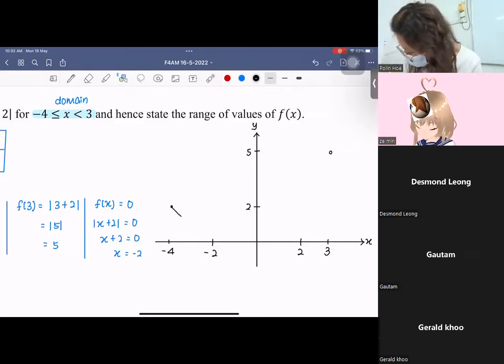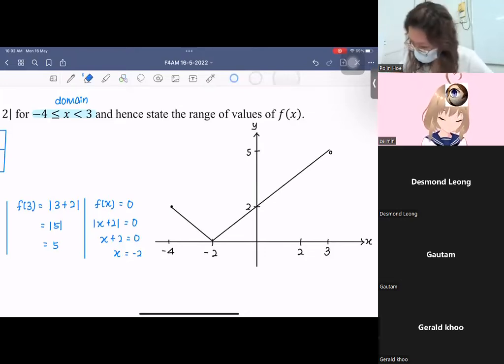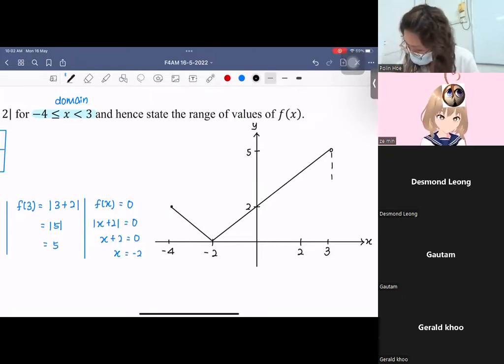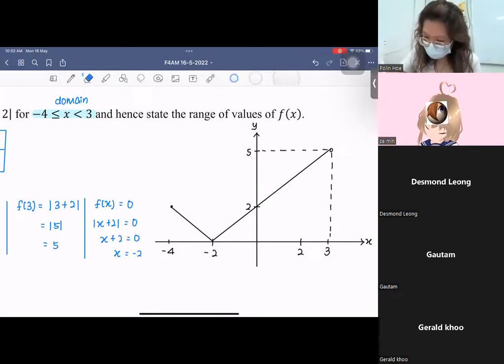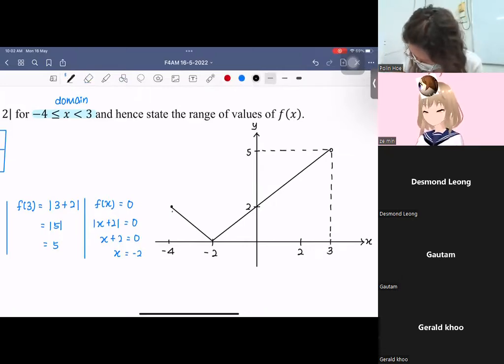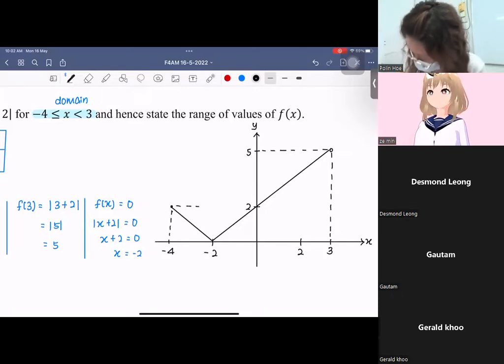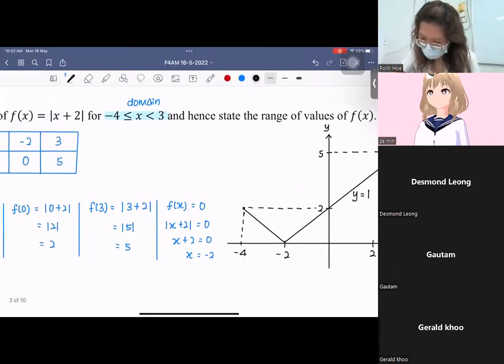Okay, then now you join. And then the dotted line, difficult. Now to finish it, you have to label f(x), or y equals, or f(x) equals also can, x plus 2.